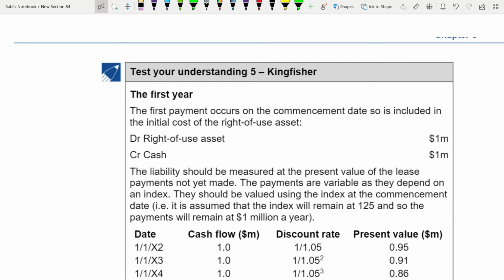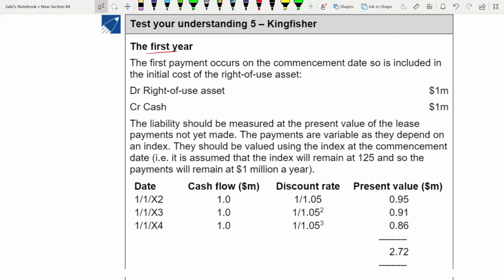Whenever you are given two separate years, always start with the first year and put a subheading. This is the answer. I've copy pasted it for you, because writing down answers takes a lot of time. I will explain through this answer, since I have done this question before. So if I disclose the answer now, it's no harm.